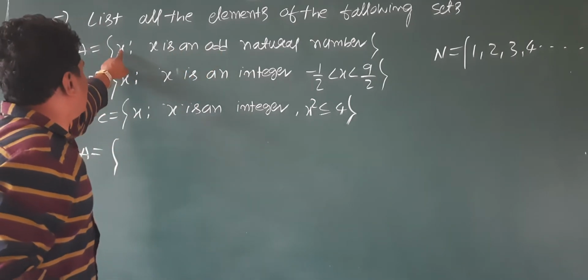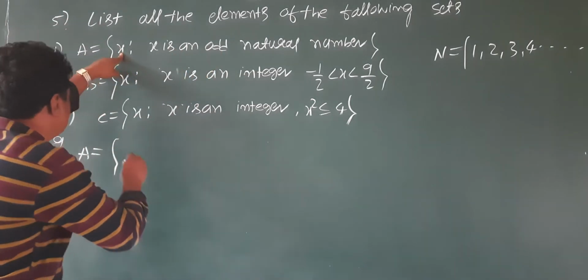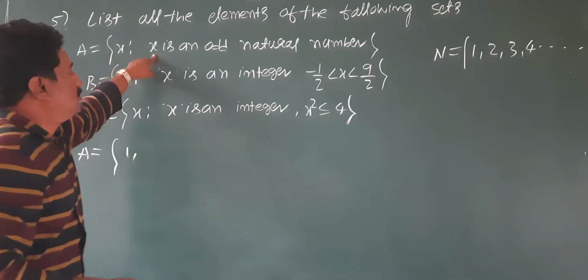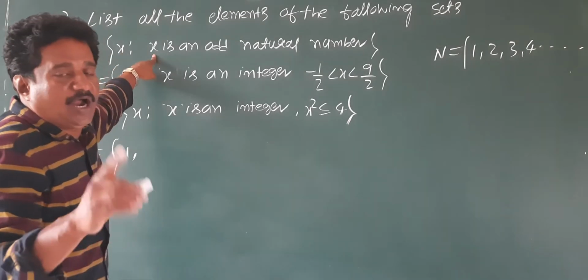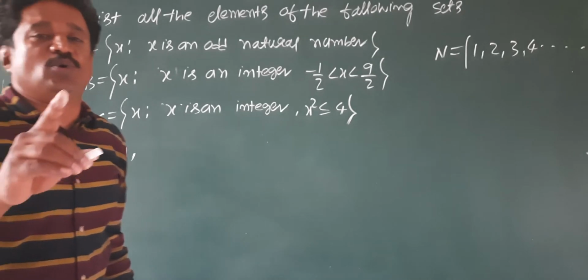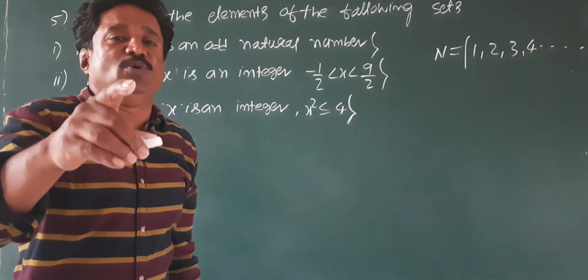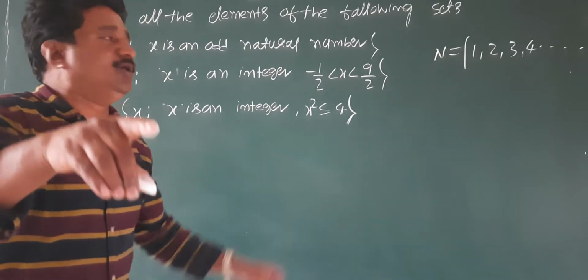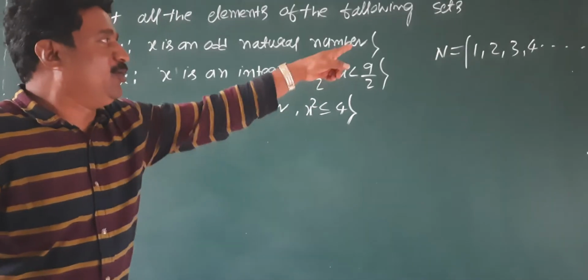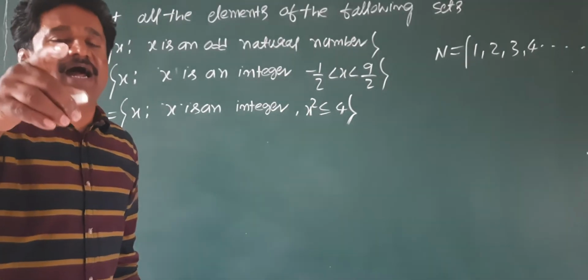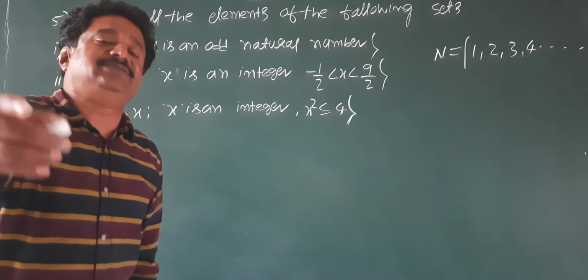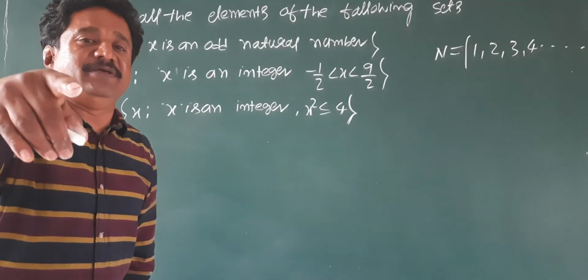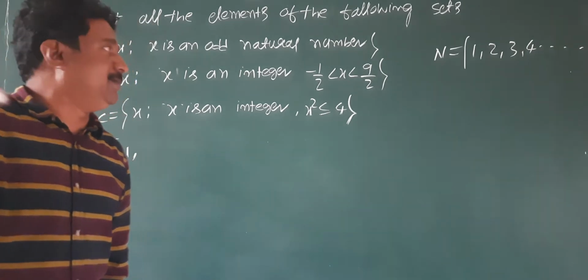You substitute, you put this for X. So 1. Next, 2. Is 2 an odd natural number? No, 2 is an even number. You should not collect 2 for this set. What about 3? 3 is an odd number as well as a natural number.